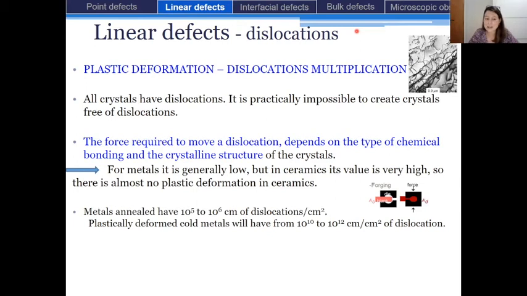Whereas plastically deformed cold metals, the examples we introduced at the beginning, have a much higher density of dislocations. So we can play on the thermomechanical process to which the metal is submitted in order to control the density of dislocations.